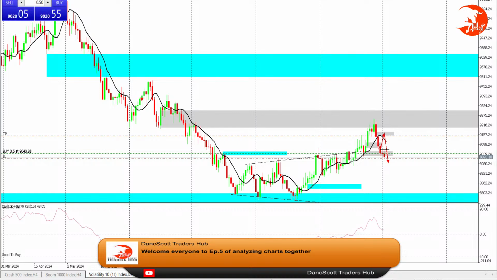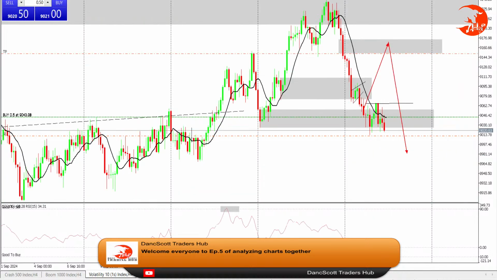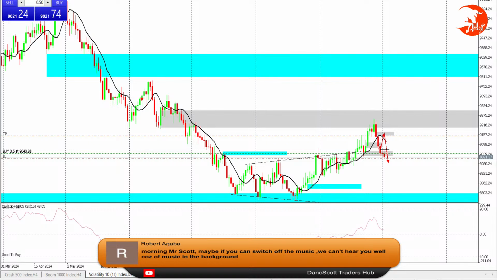This will be just a manipulation to take our money, us who are early buyers, and then later on continue into the buy, because we don't see any signs of sells at all from this level.